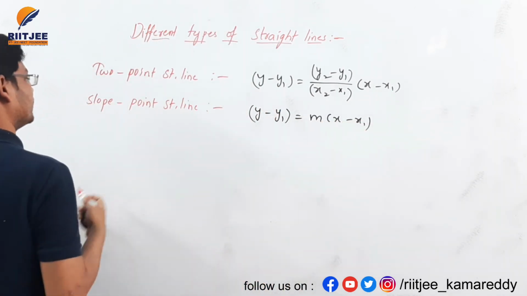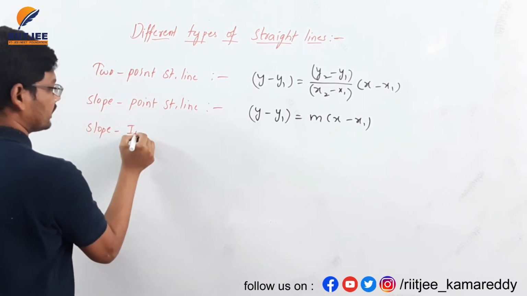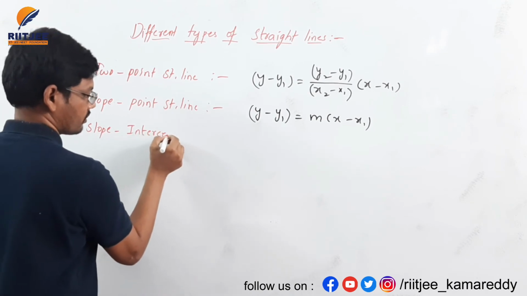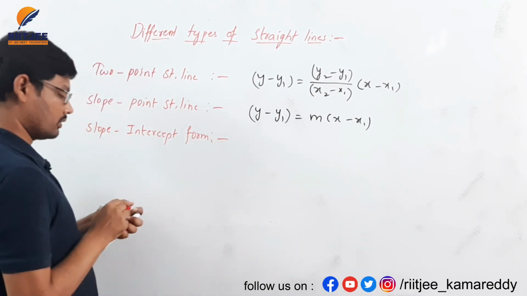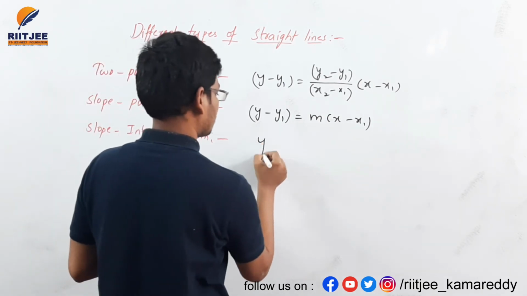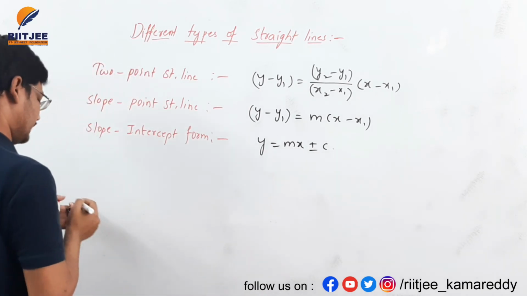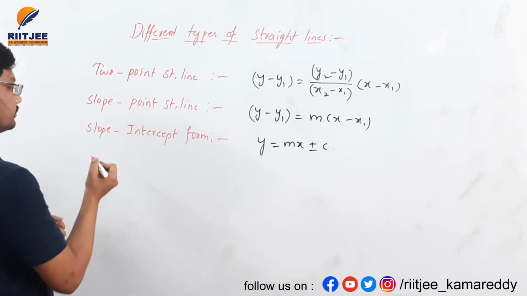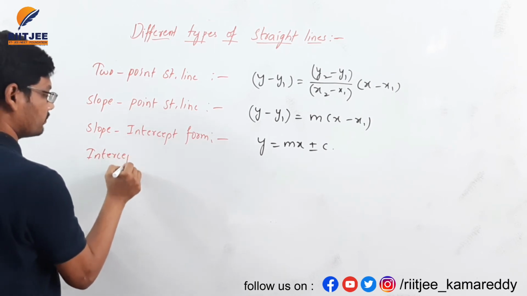The next one is the slope and intercept form: y is equal to mx plus c. And the next one is the intercept form.